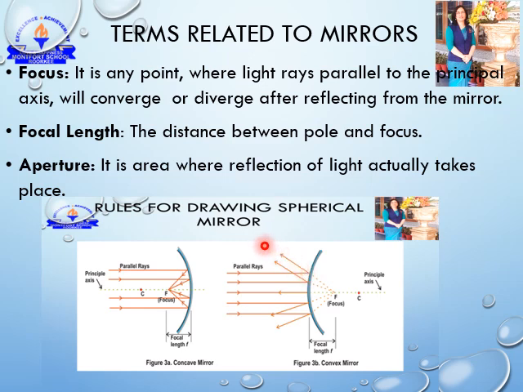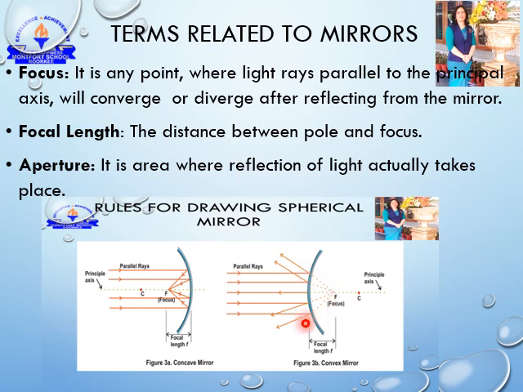What you have to do is extend this ray in the backward direction with the help of your pencil and scale. The other ray incident on the convex mirror will also be reflected in this direction, so this ray also has to be extended backward.